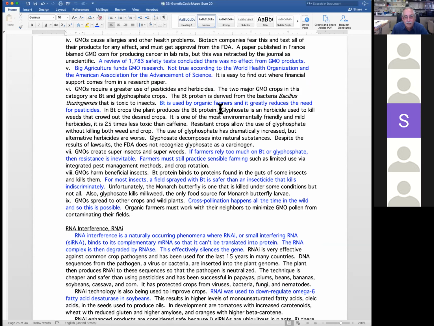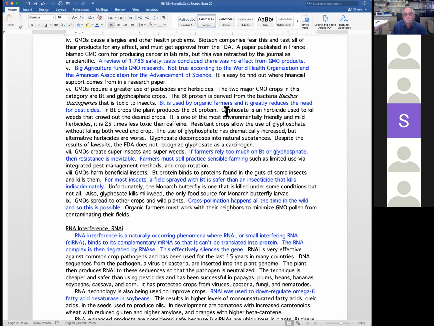Well, that is the protein that was put into certain plants so that now the insect would bite the plant and then die. So instead of spreading it around on the farm, it's in the plant itself. It is a protein, and you know what happens to proteins when you eat them.